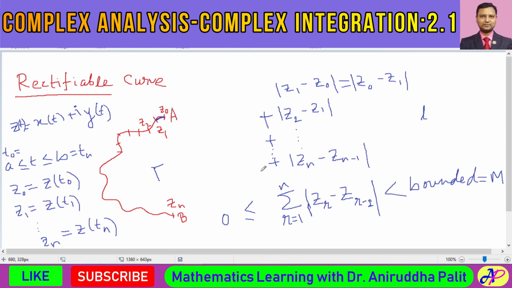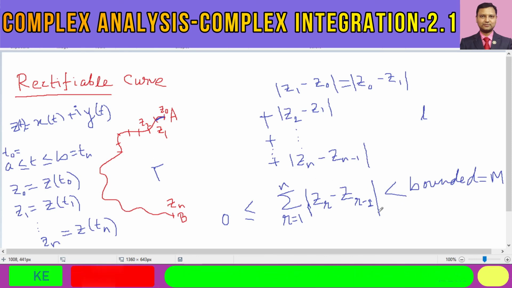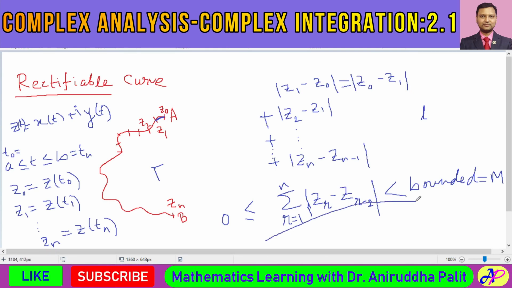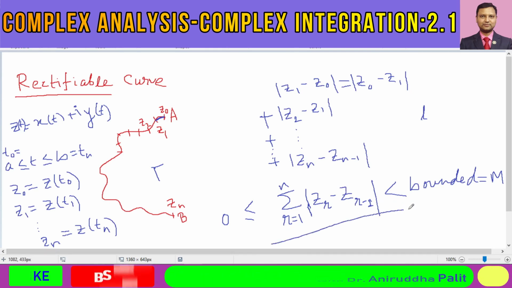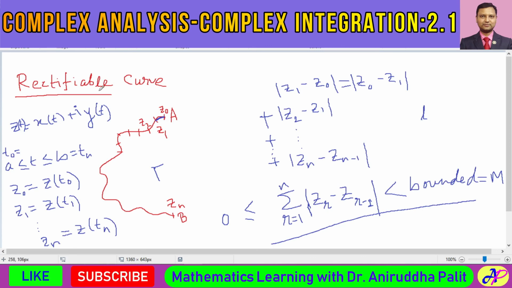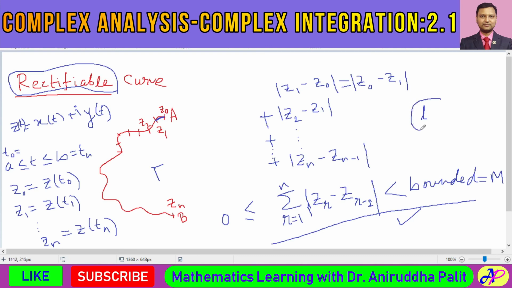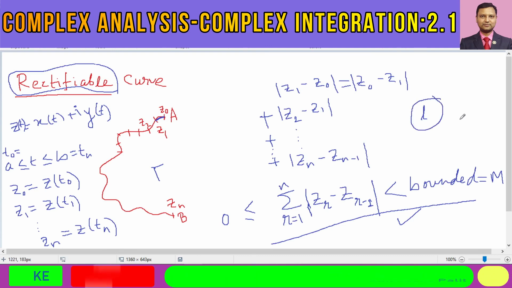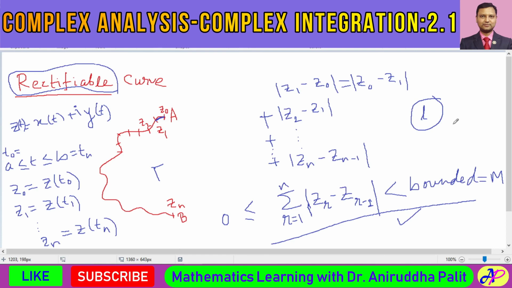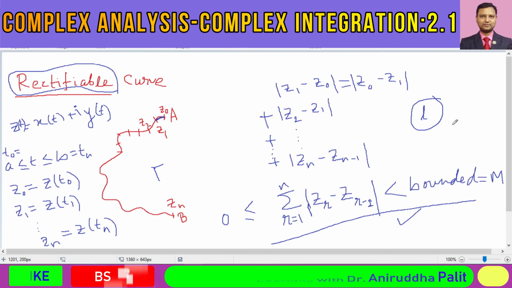And if that length is finite, or in other words, if this summation is bounded above, then such a curve is called a rectifiable curve. All right. This L is in that case considered as the length of that rectifiable curve.